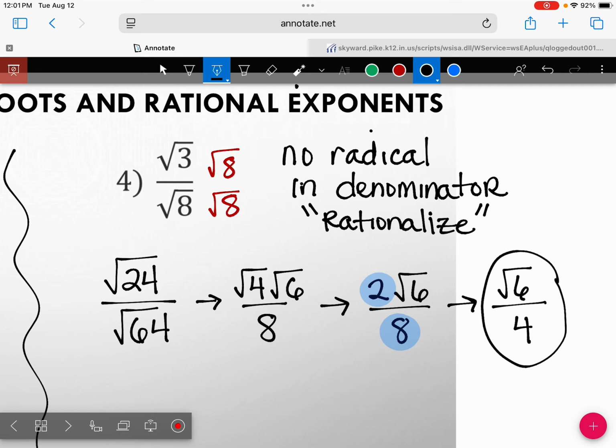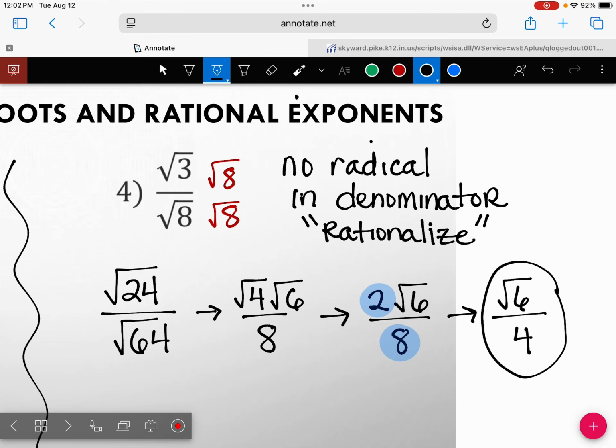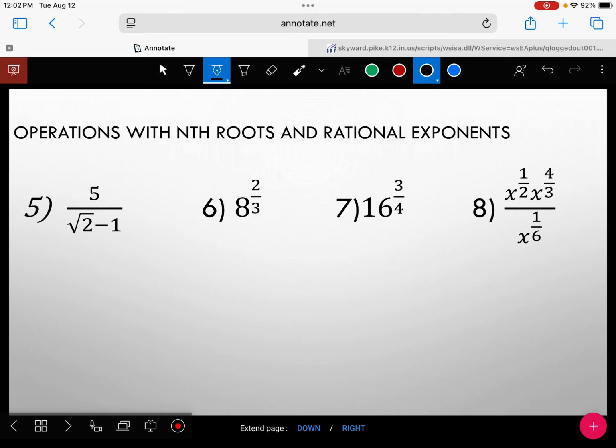All right, any questions? Yes. I didn't hear you. Yeah, you can put it here. It's right here. All right, so let's go ahead and look at number 5. We got some time, so we'll keep moving. All right, we're only going to do number 5, and then we'll end there.